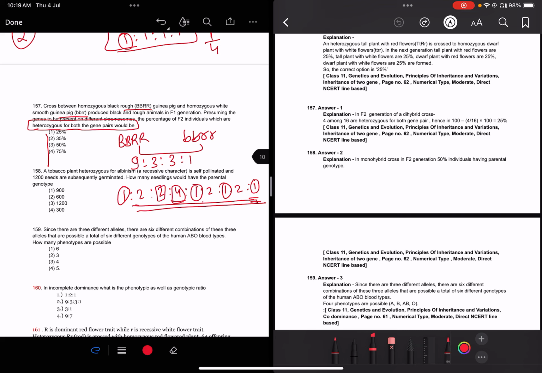So you can directly understand that out of 16, only 4 have the heterozygous condition. So the answer is 25%.